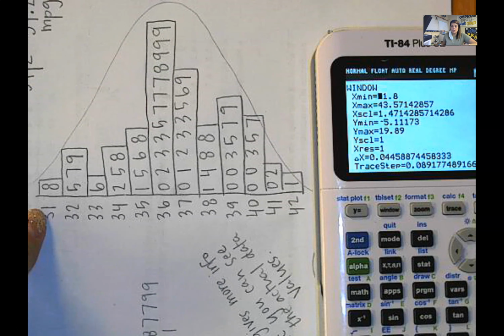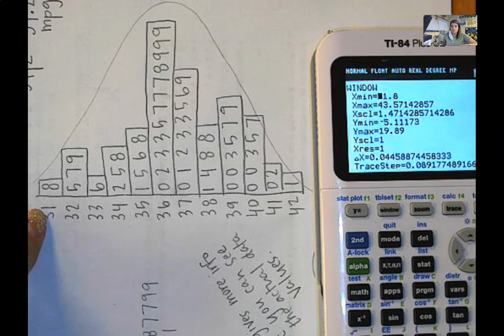Now what I am supposed to do is graph this list. From whatever screen you're on, I'm going to hit the blue button, Y equals button. I'm going to make sure only one of my plots is on.